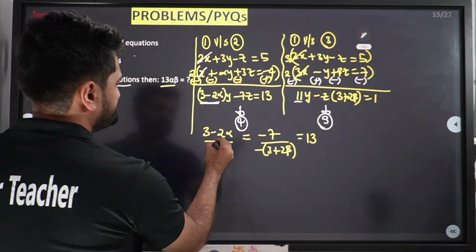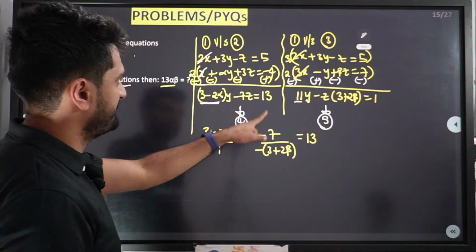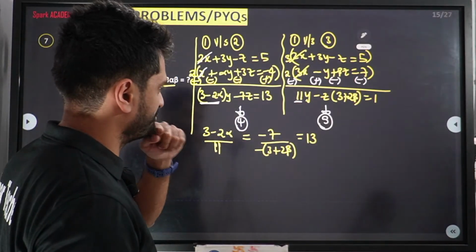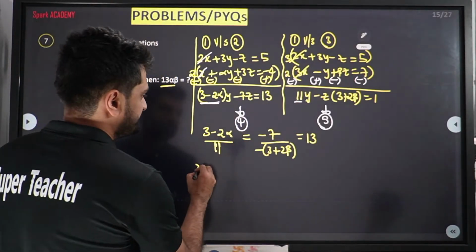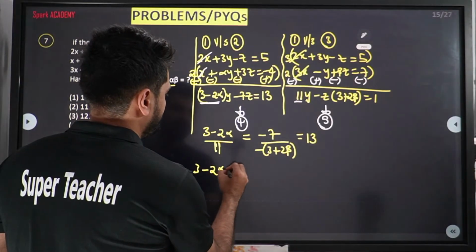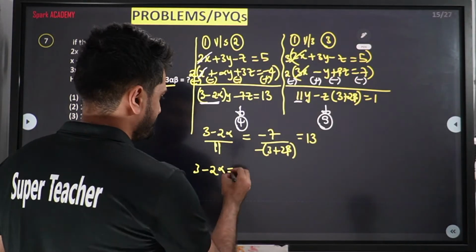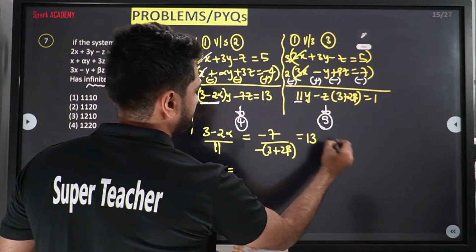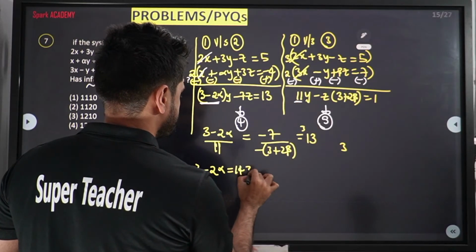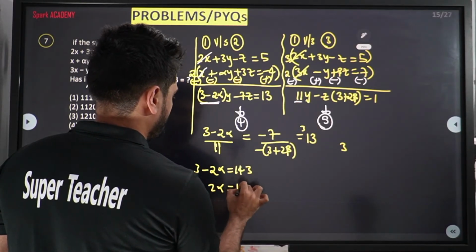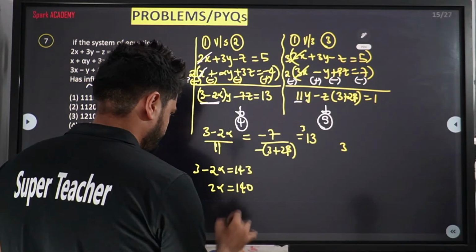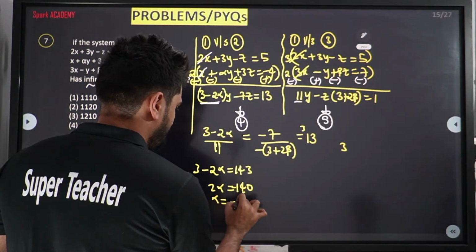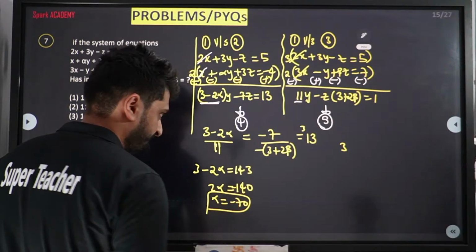This is 3 minus 2 alpha by 11 equal to minus 7 by minus of 3 plus 2 beta equal to 13. So 3 minus 2 alpha equals 13 into 11, 13 elevens are 143. 2 alpha equals 140, minus 140. Alpha value is minus 70 we are getting.